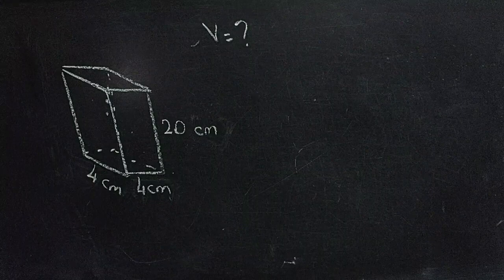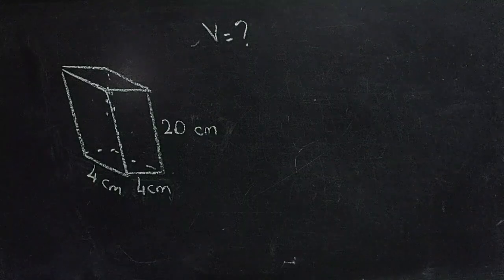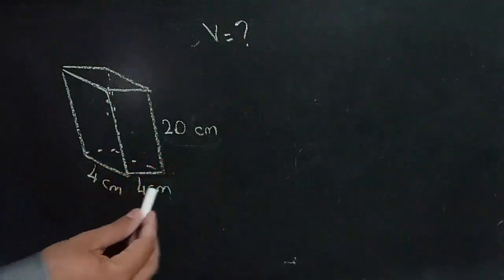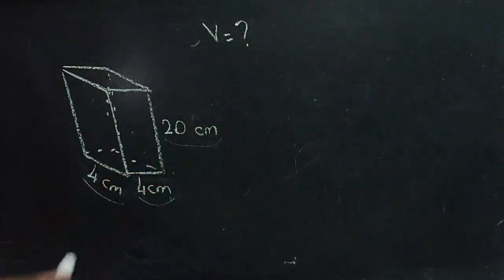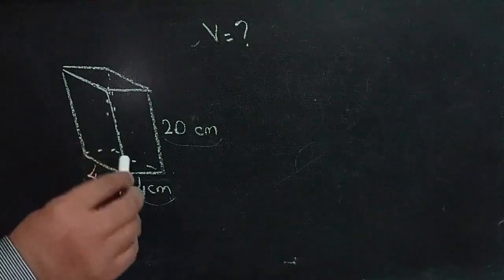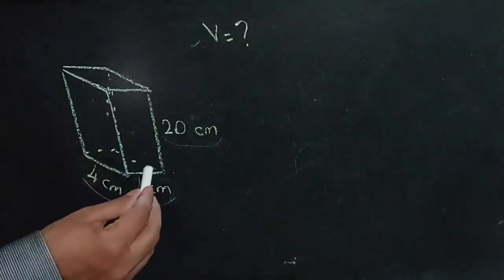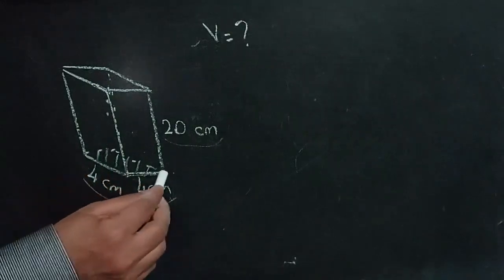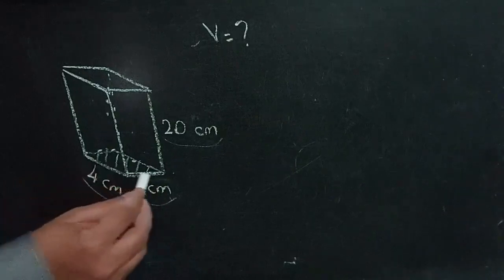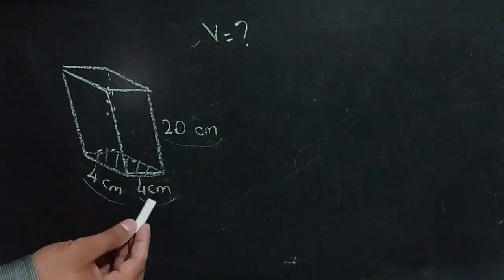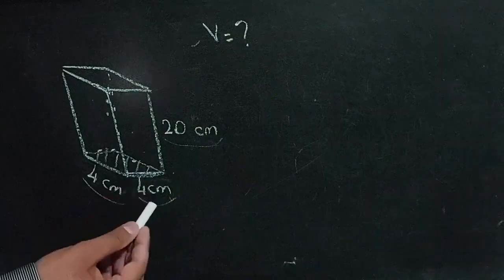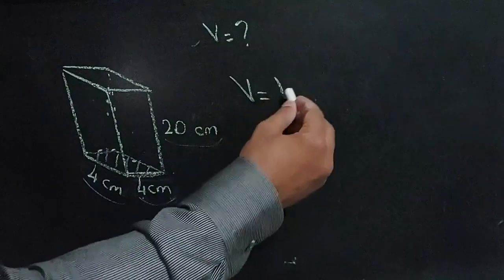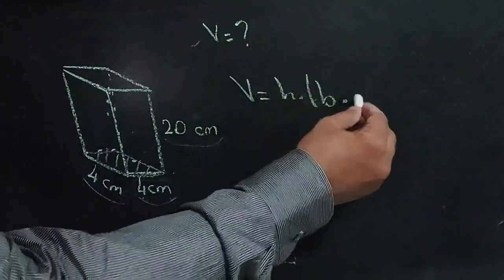Alright, in this question we have a square based prism. Dimensions are given: 20 centimeter, 4 centimeter and 4 centimeter. For this one, the base is a square, and the area of a square is this times this, which is the square of one side, 4 square. So volume equals height times base area.